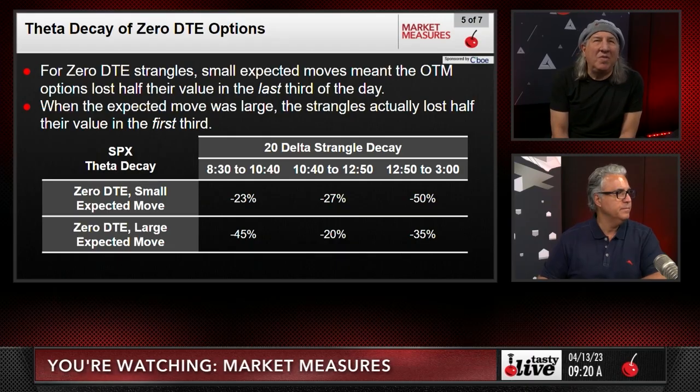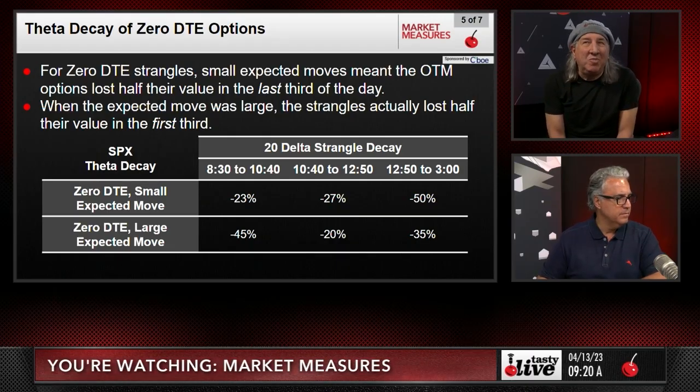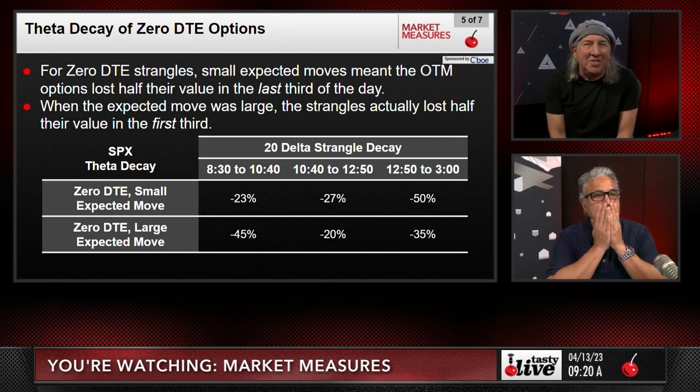Okay, so for 0 DTE strangles, small expected moves meant the out-of-the-money options lost half their value in the last third of the day. This is very similar to the straddles. When the expected move is large, the strangles actually lost half their value in the first third of the day.